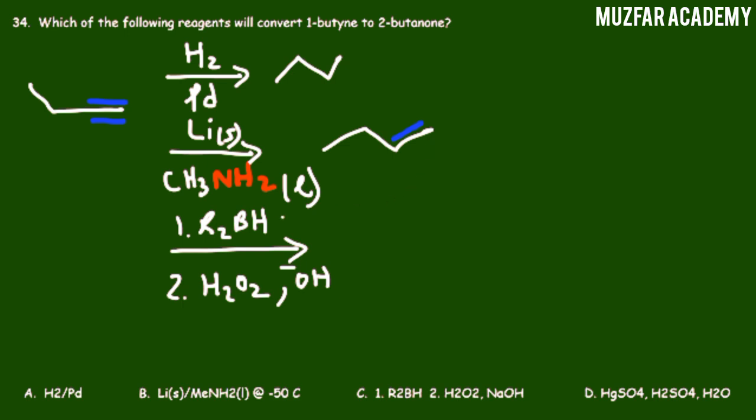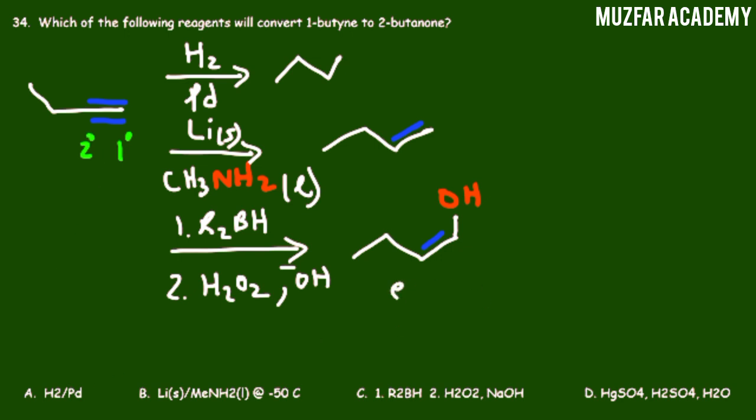Now, what's going to happen is this reaction is going to proceed with anti-Markovnikov regiochemistry. Initially, it's going to convert the alkyne to an alkene, but this is also a hydration reaction. We're going to get an OH group, but on the less substituted carbon atom of the triple bond. So this carbon is primary, this one is secondary. The OH group is going to be on the primary carbon.